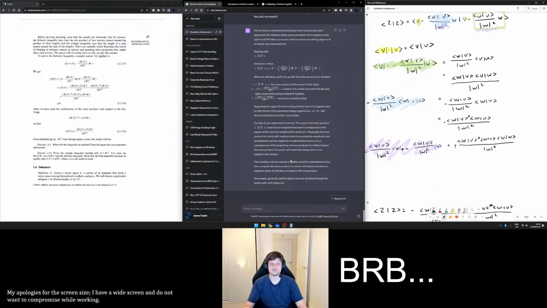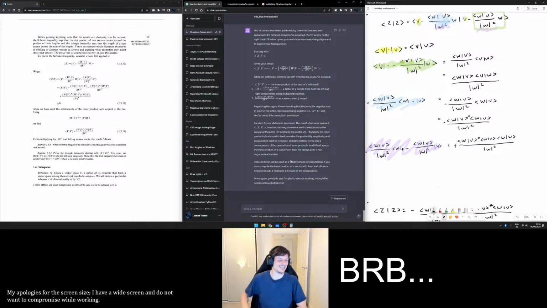Rather than signs, it's worth noting that the term 2 is negative due to both terms in the expression being negative. You've noted this correctly in your steps. For step 8, your statement is correct. The result of an inner product must be non-negative because of its correspondence to the square of the norm, or length, of the vector. Physically, the inner product of a state with itself is a consequence of the properties of the inner product in a Hilbert space. This condition could be used. Once again, great job.